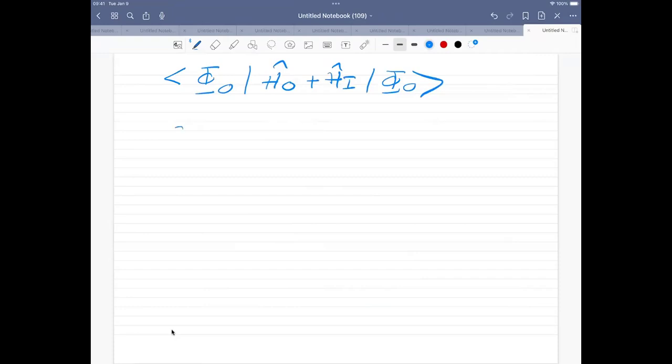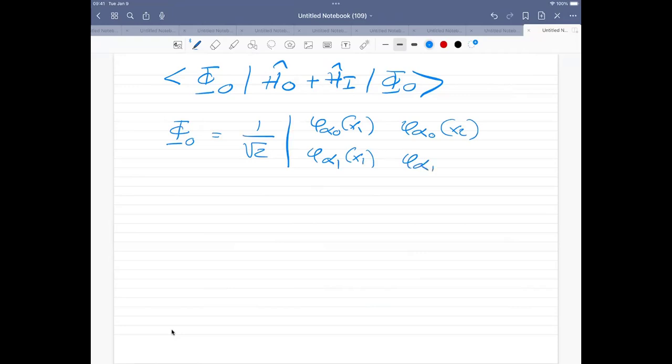So that means that we now have a phi 0, which is given by 1 over square root of 2. And we have a determinant, phi alpha 0 of x1, phi alpha 1 of x1, and then we have phi alpha 0 of x2. And we are going to calculate that expectation value. That expectation value is quantum mechanically defined as an integral.